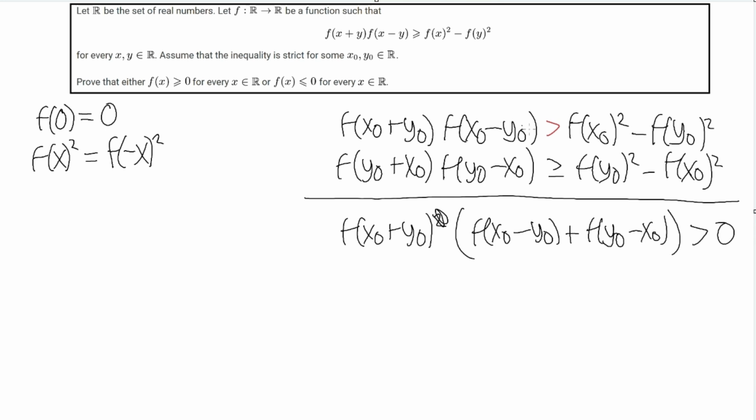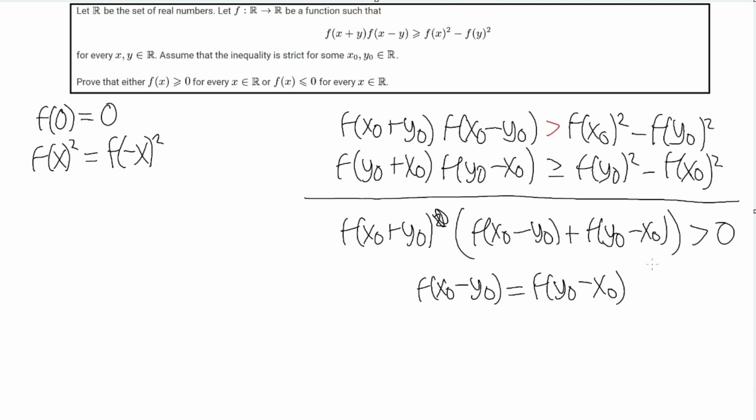So now what can we do? Well, if f of x0 minus y0 was the negative of this, then this would evaluate to 0, which is bad. So that means that f of x0 minus y0 is equal to f of y0 minus x0. And that's pretty good.